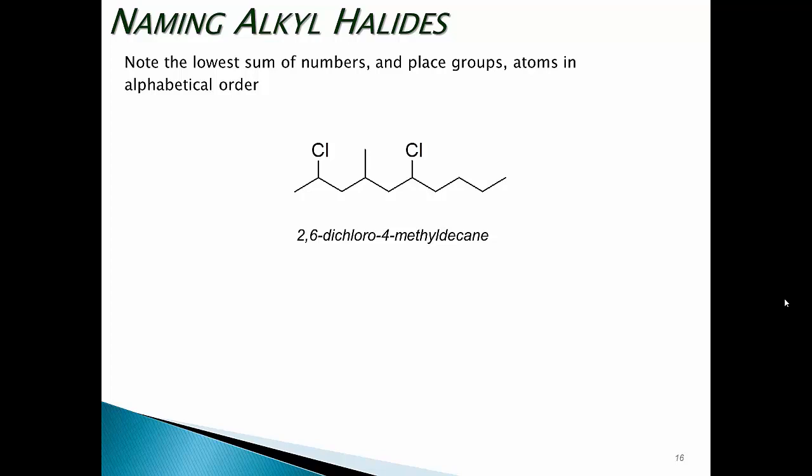It'll be 2,6-dichloro, because we have 2 chloros, 4-methyl decane, alphabetically put together, so the chloro comes before the methyl. Again, remember when you're looking at the alphabetical order, it doesn't matter if it's di or tri, you look at what the actual group is. So in this case, we're looking at that C for chloro, not the D. We're looking at the C.